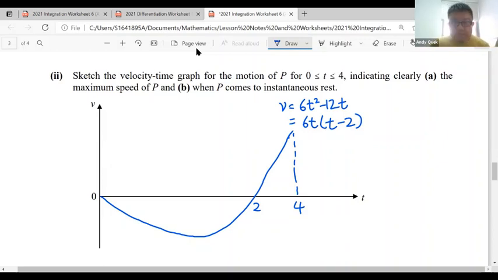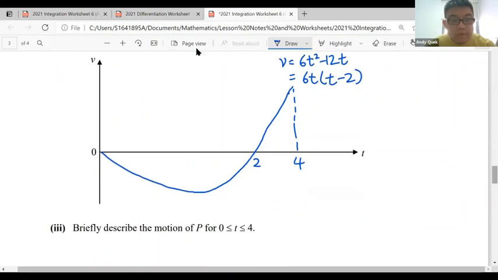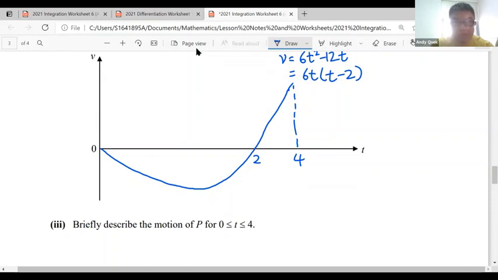Okay, 2 points of intersection, t equals 0 and t equals 2. And because this is a quadratic curve, that's the shape, but we only want up to t less than or equal to 4. Okay, brief description of the motion.